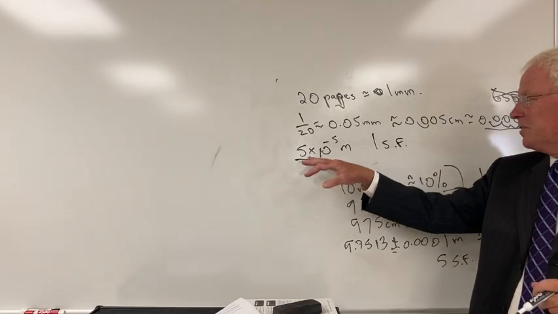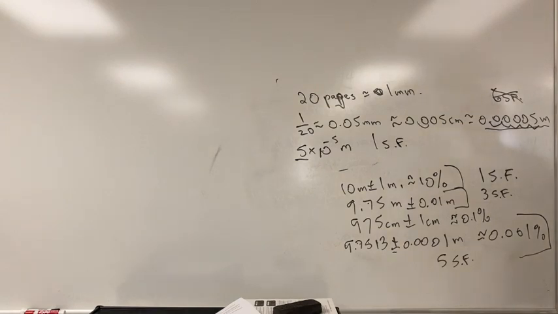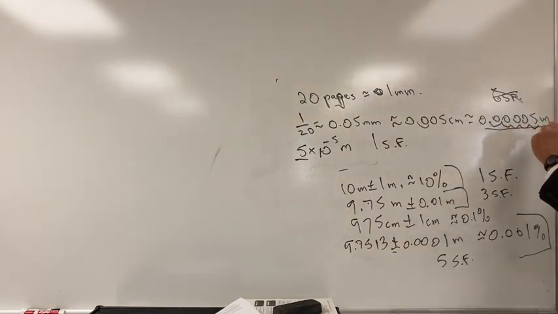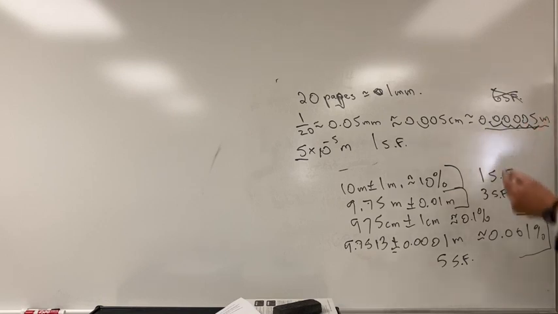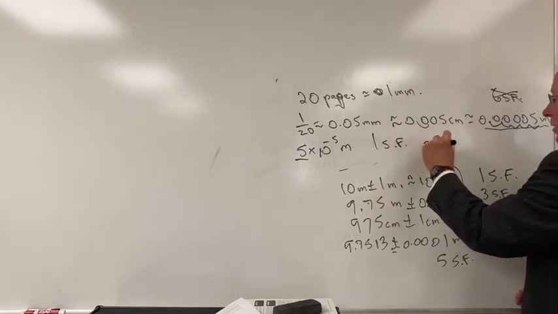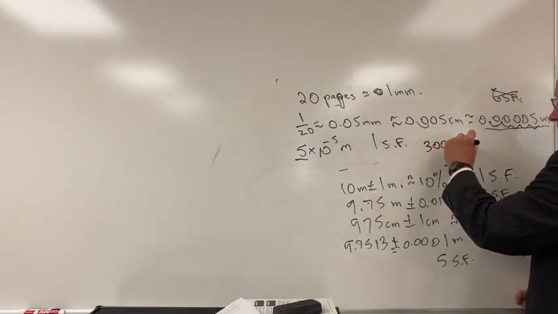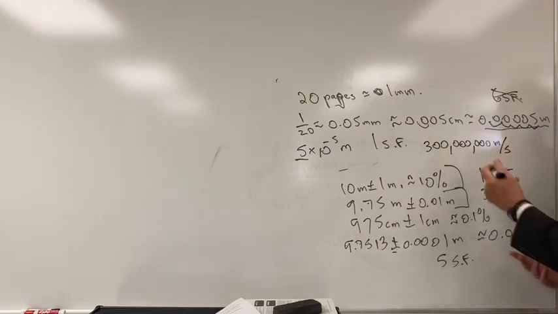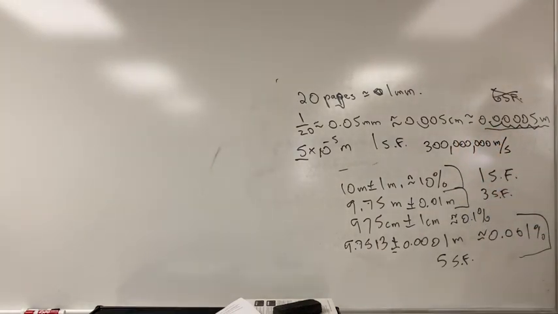So you write this in scientific notation. If you move it to the right, that's going to be negative. If you move it to the left, it's going to be a positive exponent. Another example might be the number 300 million meters per second, which is approximately the speed of light.